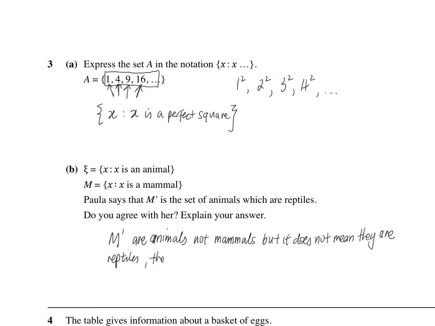They can also be amphibians. I mean, if you want to be elaborate, other types. Birds. There are many categories, right? Okay, so the ultimate thing is to show that whatever is not a mammal doesn't mean they must be reptile. They can be every other animal that is not a mammal. Okay?